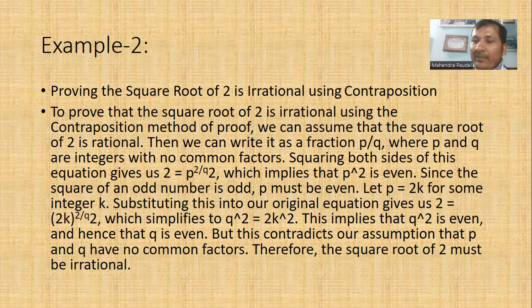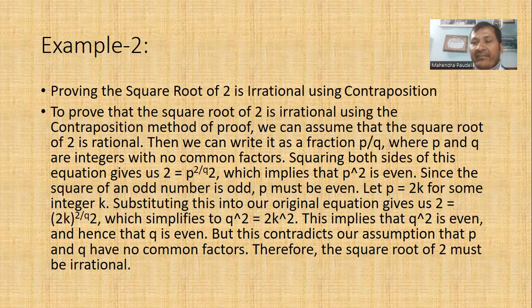Squaring both sides of this equation gives us 2 equal to p squared upon q squared, which implies that p to the power 2 is even. Since the square of an odd number is odd, p must be even.